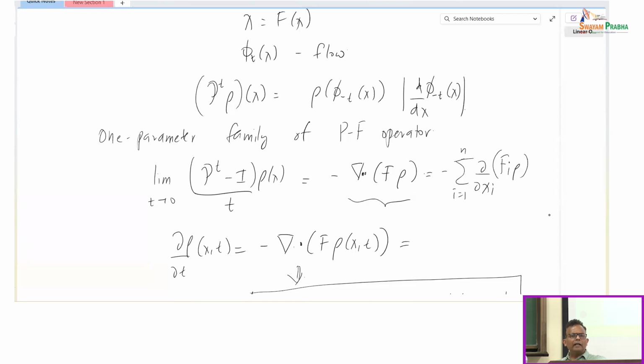Because this operator propagates densities forward in time, we can talk about the eigenvalues, and one can show that one of the eigenvalues of this Perron-Frobenius operator will always be 1. There could be multiple eigenvalues 1, but there is at least one eigenvalue 1 for sure. And the eigenfunction corresponding to the eigenvalue 1 of the Perron-Frobenius operator tells you about what is called the steady state dynamics of the system.